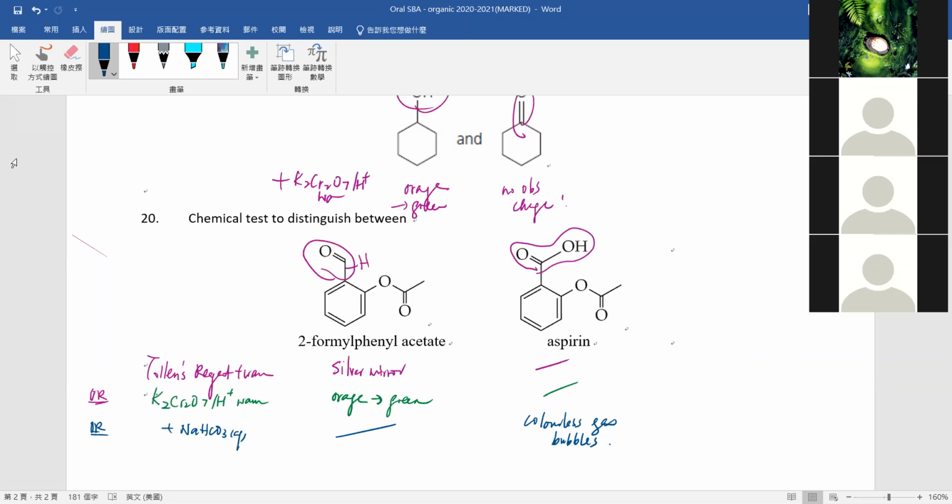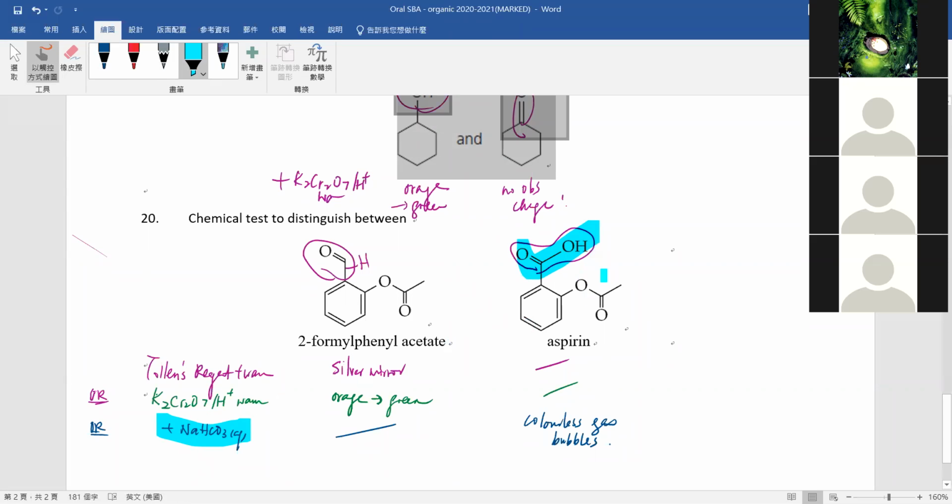And third, most importantly, many of you have omitted this part: to test for the presence of carboxyl group. We would use sodium hydrogen carbonate or sodium carbonate to test for the formation of CO2, in the form of colorless gas bubbles.